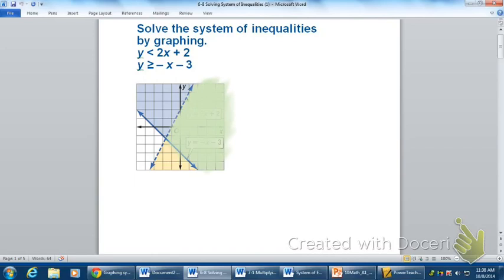The yellow and the blue overlap, which makes that green. Which means that all those points fit this system of inequalities. All the x and y coordinates in there fit this inequality.